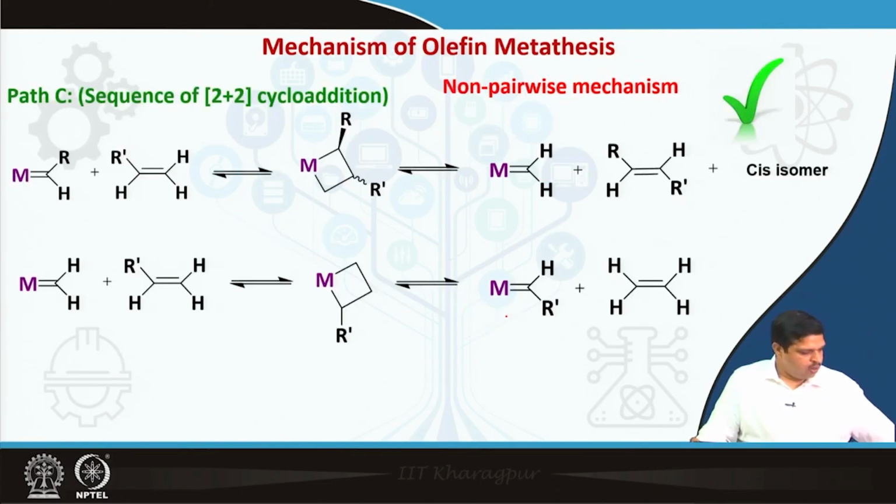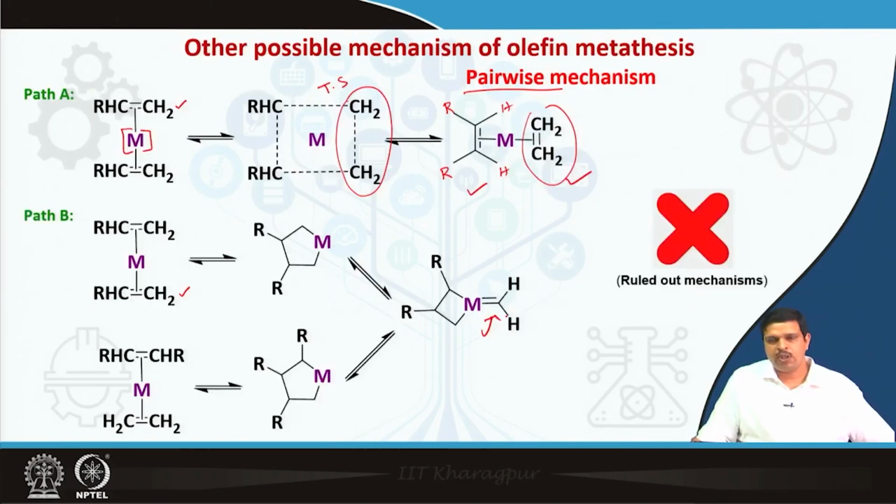However, the recent spectroscopic methods have proved that both mechanisms are ruled out. That means the pairwise mechanism actually does not work. I will give one example of how it can be proved.